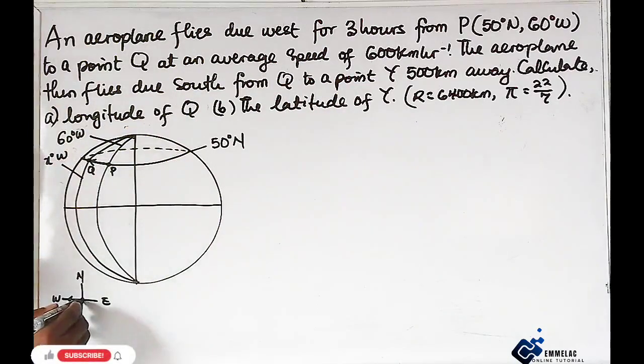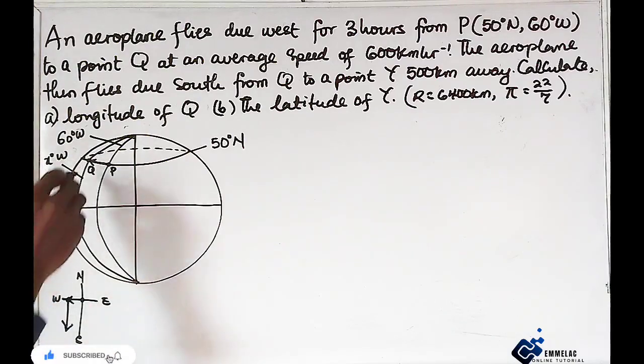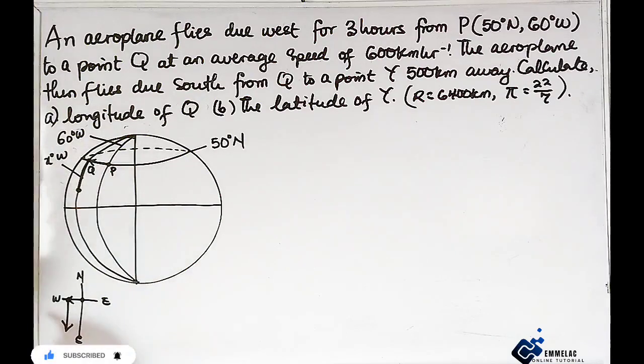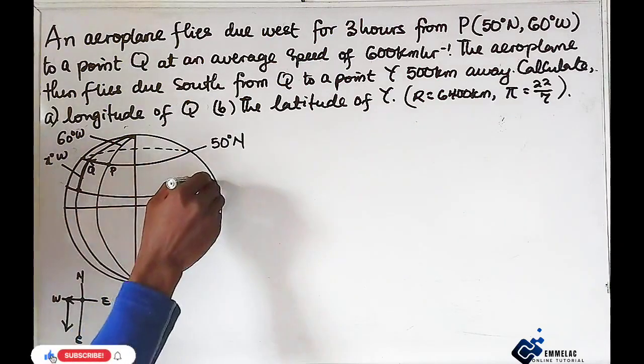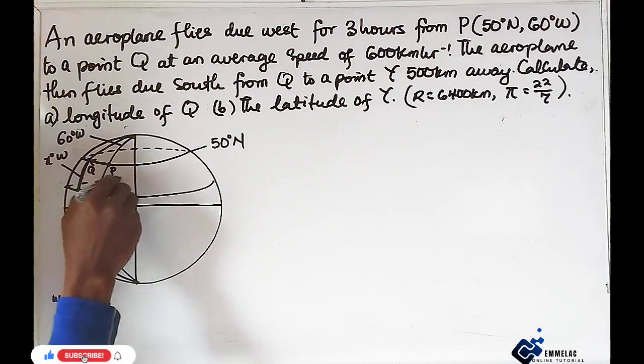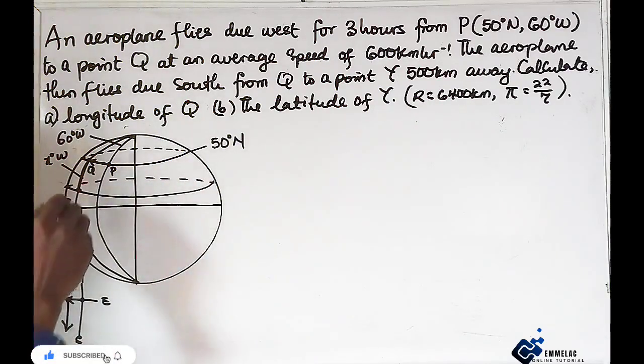Let us assume that this is the plane here, so it now flies due south, meaning it came down. Alright, now definitely it will have its own latitude. So this is Y, right?